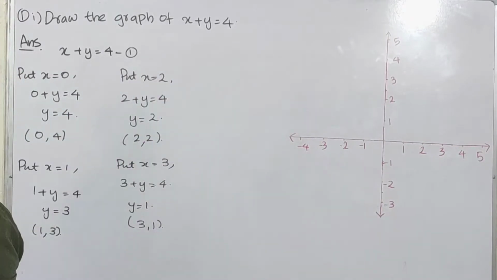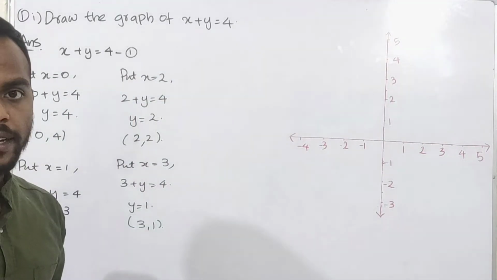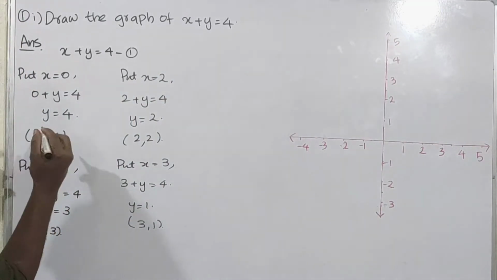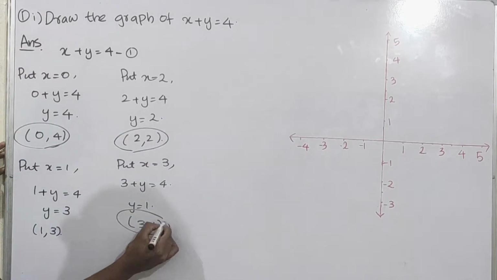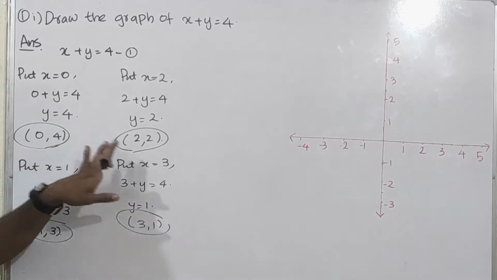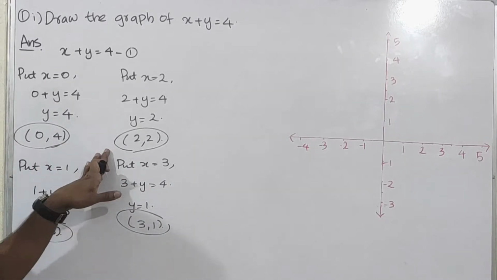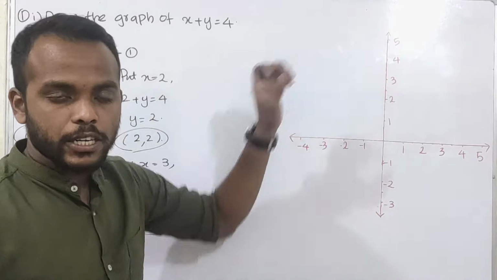Before plotting the points, all these are coordinates, right? We have (0, 4), (2, 2), (3, 1), (1, 3). All are ordered pairs that can be plotted in the Cartesian plane.